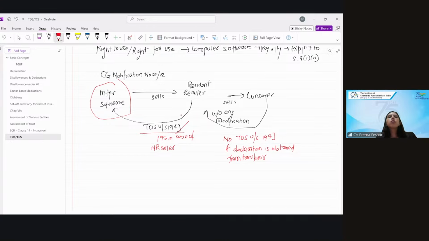Then the consumer need not again deduct the TDS, so that there is no dual deduction of TDS on the amount.